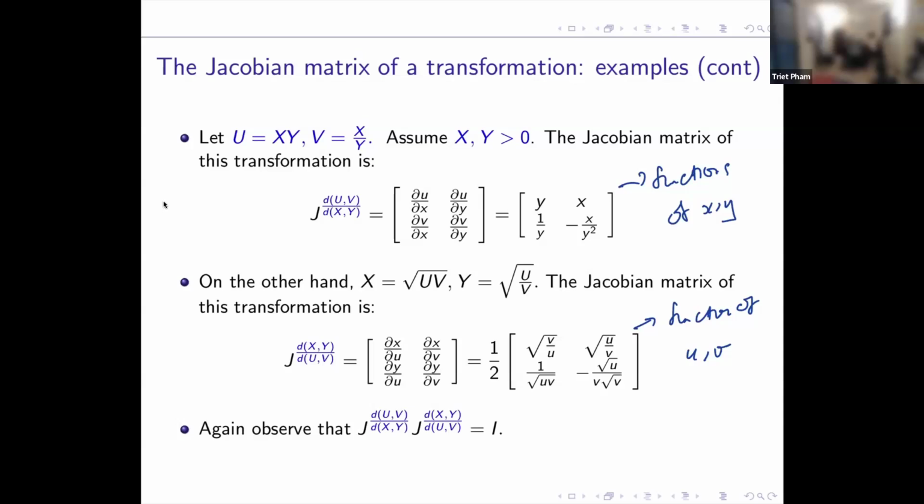Because this is a matrix in x and y, and that is a matrix in u and v. When you multiply them, you get a mix of x, y, u, v. How could they simplify to 1, 0, 0, 1? How's that possible if they're both in x, y's, or both in u, v's?